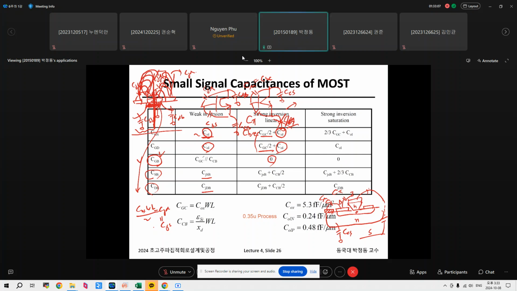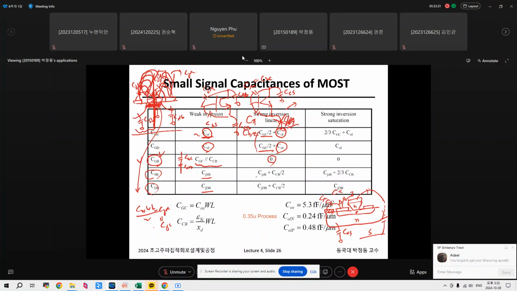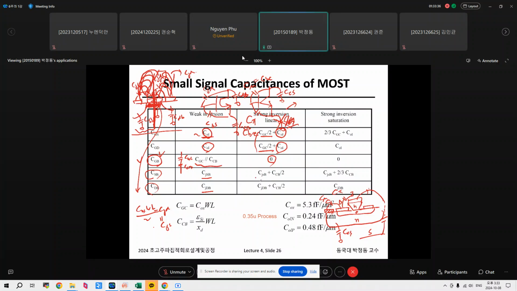That's why we express it like this. How about CSB? We also have a junction in half. So this is a junction in half.